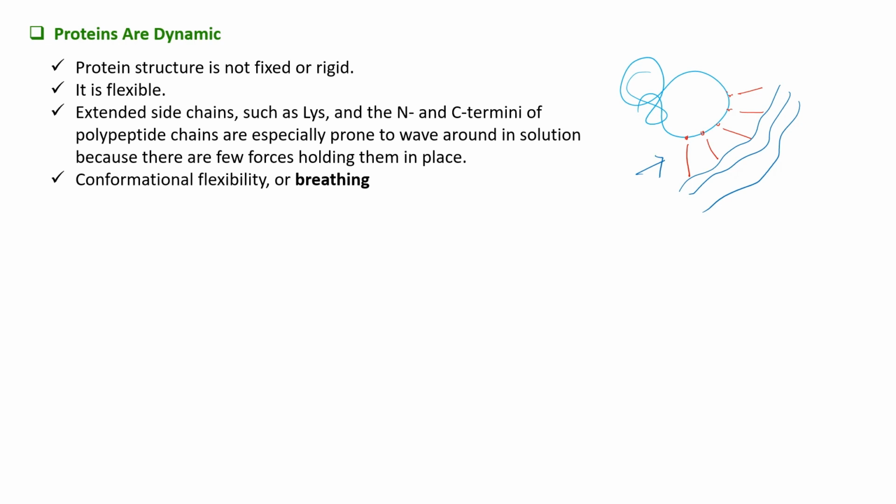Because of this, sometimes if they are bonded like this, then due to this, sometimes this bond will break and some new bond with other side chains will form. So this much flexibility is allowed mainly to the amino acid side chains that are extended outwards. And this phenomenon is known as conformational flexibility or breathing.